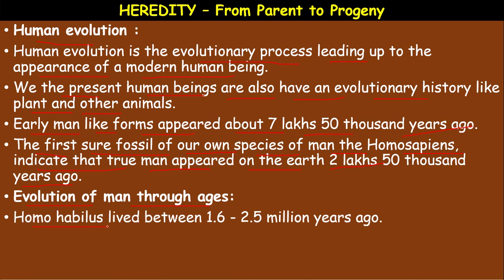Homo habilis lived between 1.6 to 2.5 million years ago. Before Homo habilis, there were others also. Parapithecus appeared about 40 million years ago.